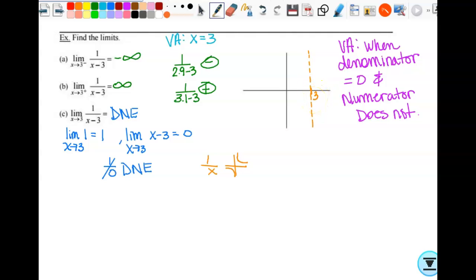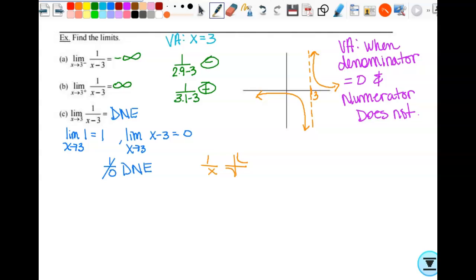My graph looks like this. So do you see how as I approach it from the left, I go to negative infinity? As I approach from the right, I go to positive infinity. That's how your vertical asymptotes work. And you just test a point so you can figure out if it's positive or negative.